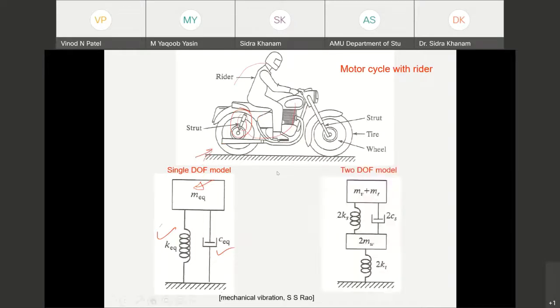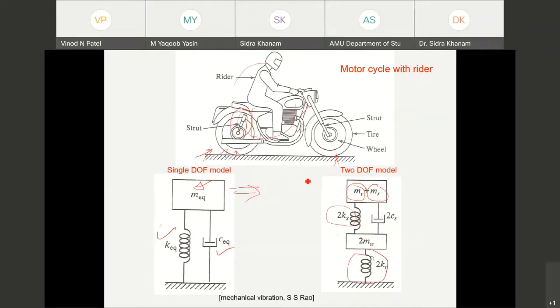Then for better understanding, we can convert this into a 2 degree of freedom system also, by considering the mass of the vehicle and the mass of the rider as a lumped mass, and the mass of the two wheels as a separate part. In between, whatever stiffness is available, we can take the struts as the stiffness over here, while the stiffness due to the rubber tire can be given separately.